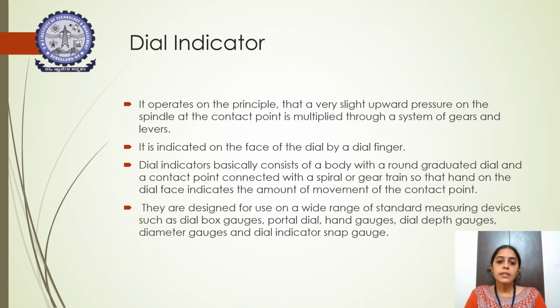It is indicated on the face of the dial by a dial finger. This movement is indicated on the face of the dial because there will be a dial finger which is pointed long like a needle.